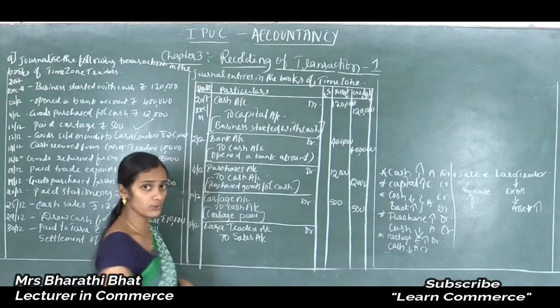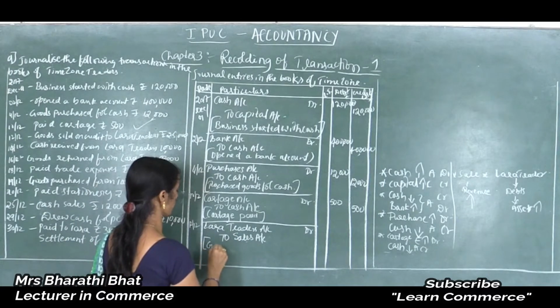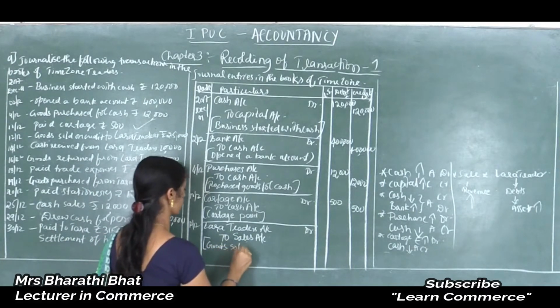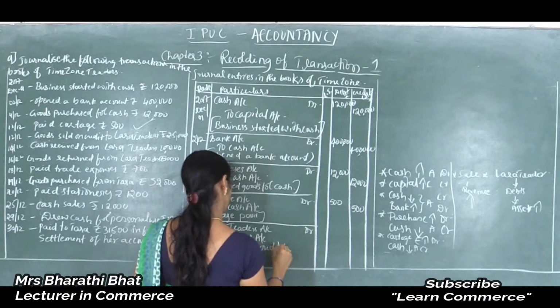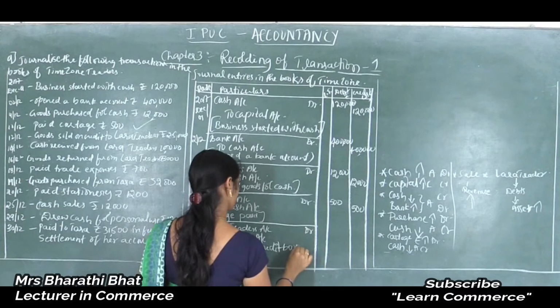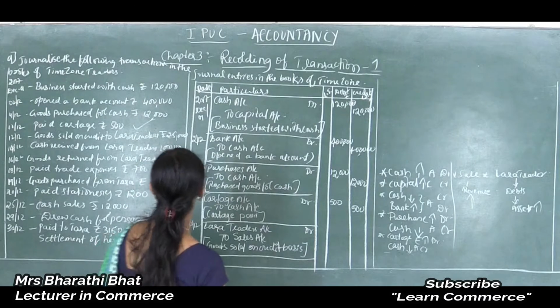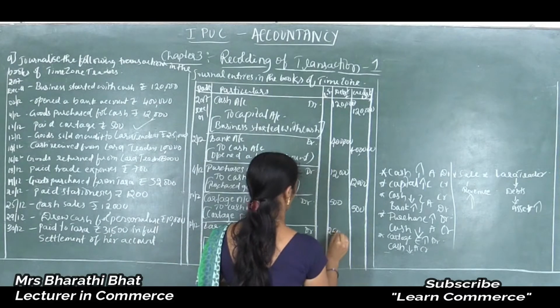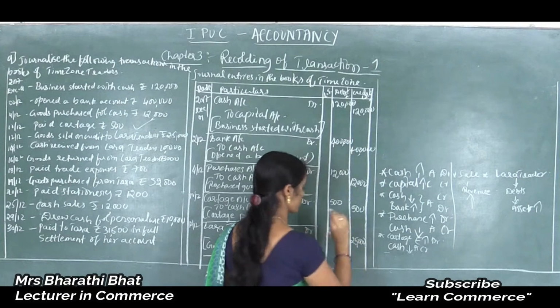Increase in revenue is to be credited. In bracket, goods sold on credit basis. Amount 25,000.